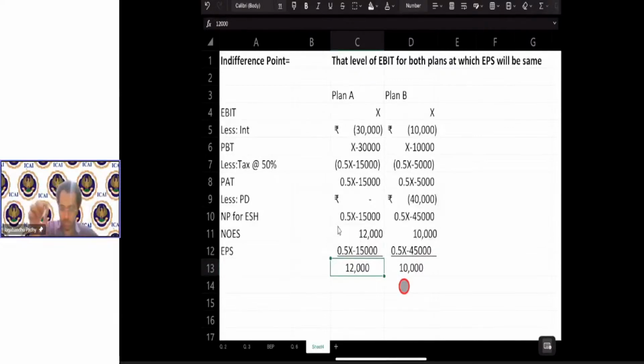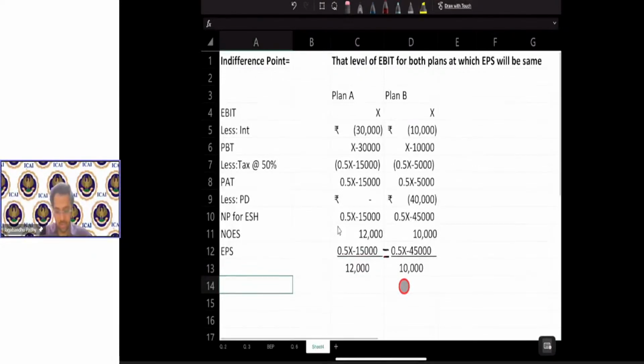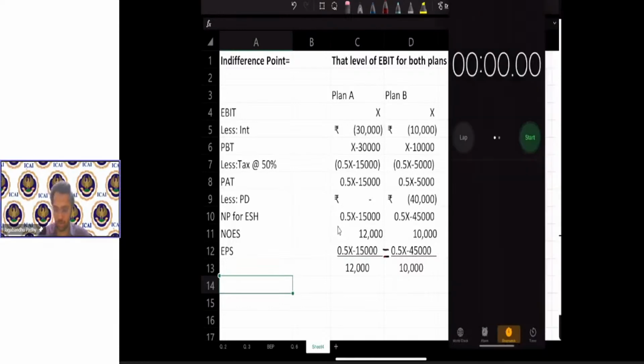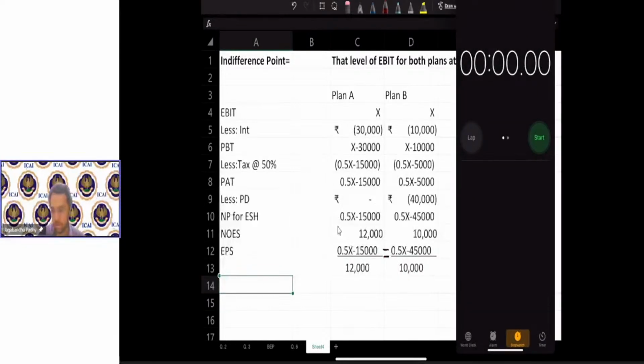So I want the level of EBIT, the value of X, wherein the EPS of both plans is going to be the same. I give you the task, guys. This has to be equated, and within the next, let's keep a timer again, within probably the next 3 minutes, I want the value of X, because that is the EBIT which I have assumed, which will make our EPS equal.